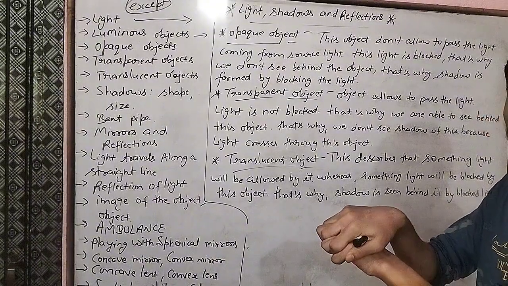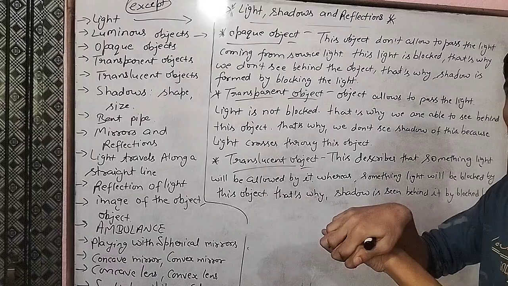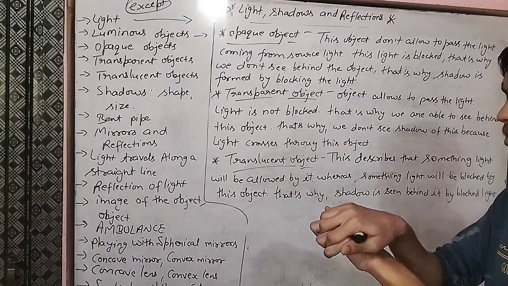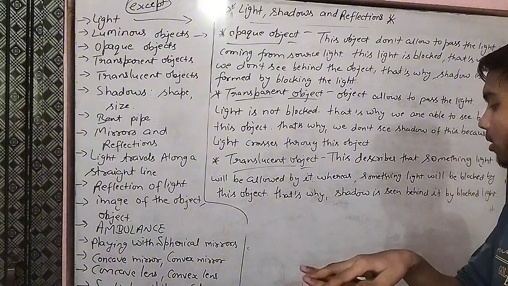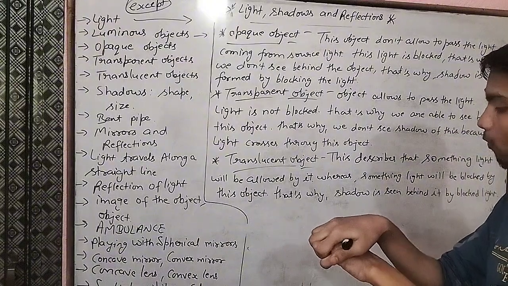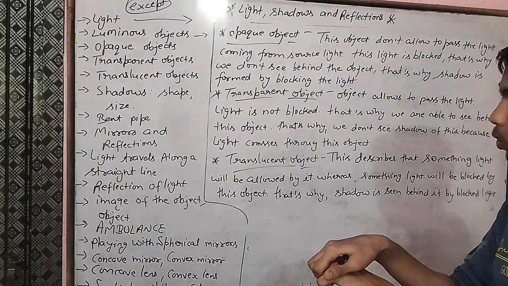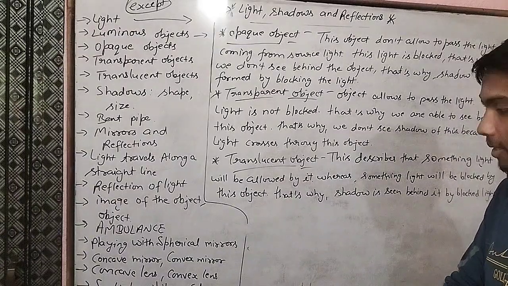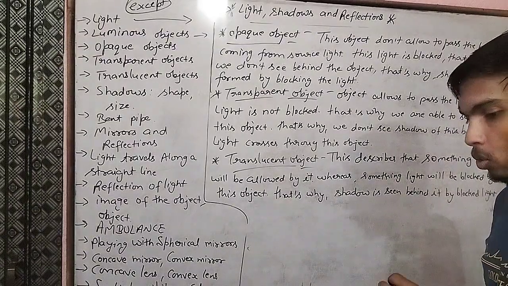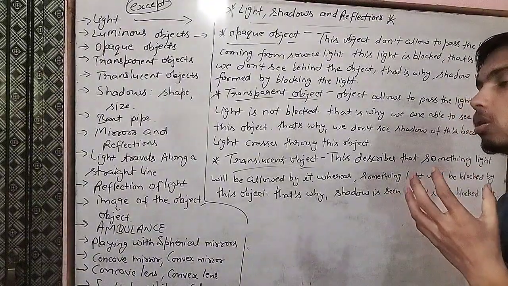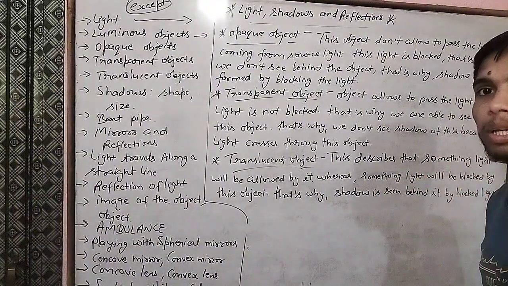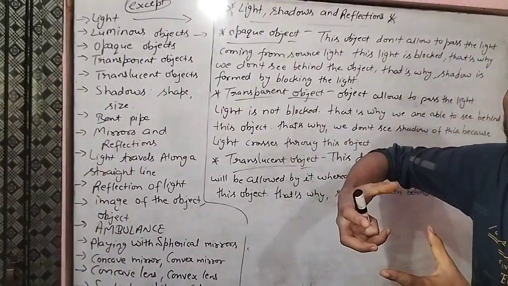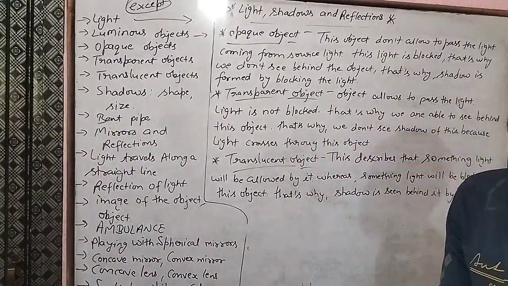That's why a shadow is formed behind this hand. So here we see that the shape of this shadow is not the real shape of this hand. Sometimes we can see that the shape of the shadow could be different. That shape will not show the original shape. Clear?